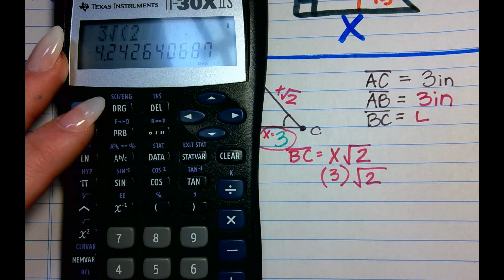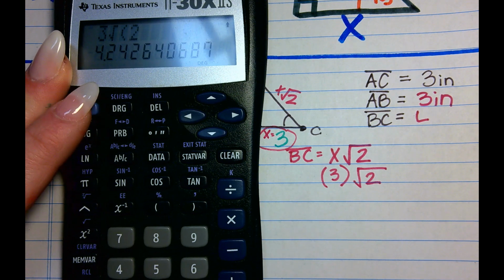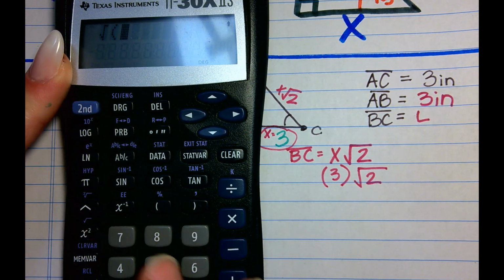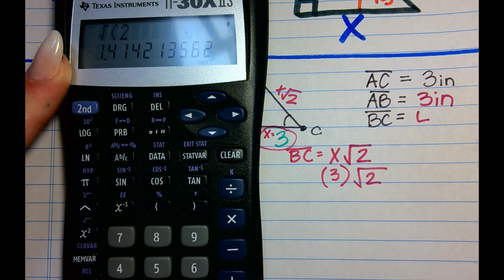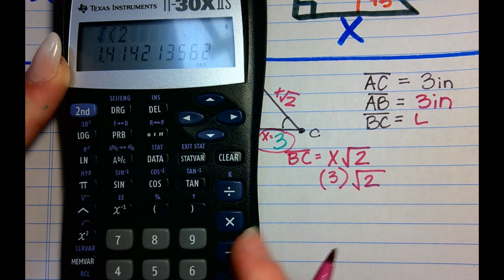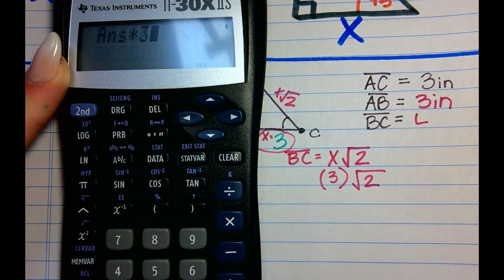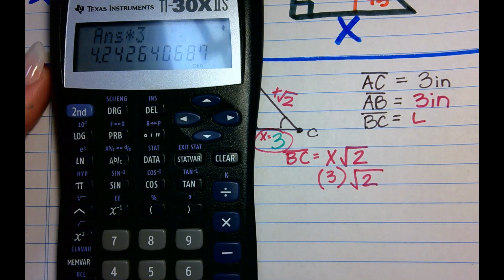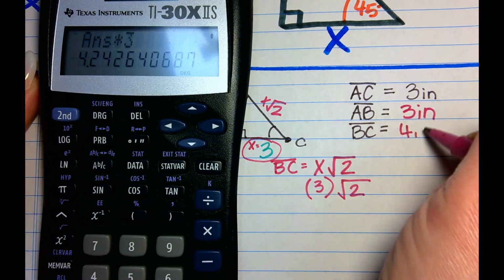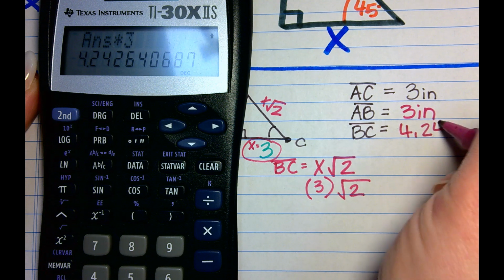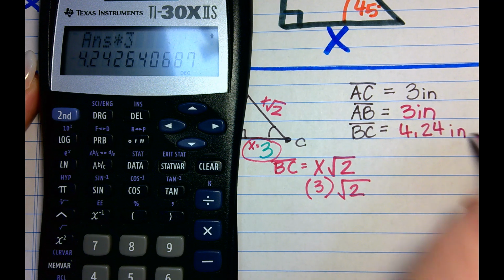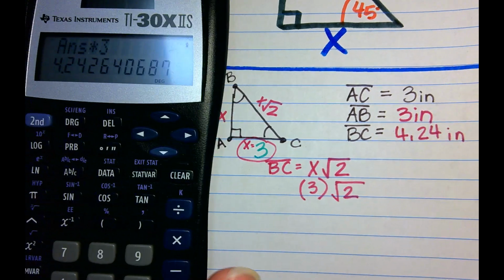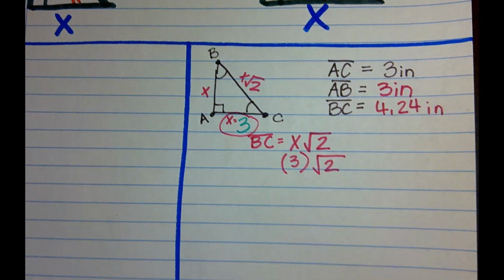Let's see what would happen if I did it the other way. The square root of 2 is 1.41, times 3. You'll get the same answer. That works too. You can do it that way. So 4.24 inches.